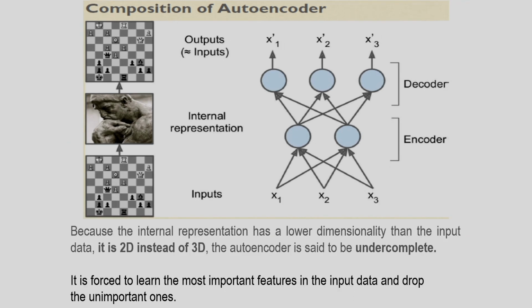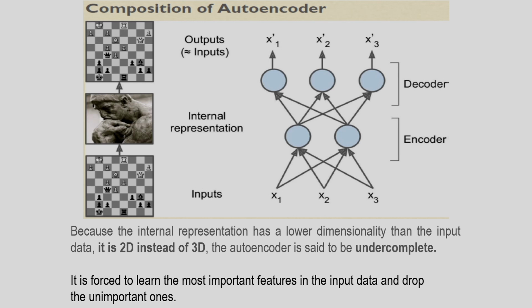based on this loss I can train the autoencoder. And here you can see the internal representation has a lower dimensionality than the input. If I consider the bottleneck layer, that is the internal representation, it is 2D instead of 3D, because I am considering dimensionality reduction in the bottleneck layer.